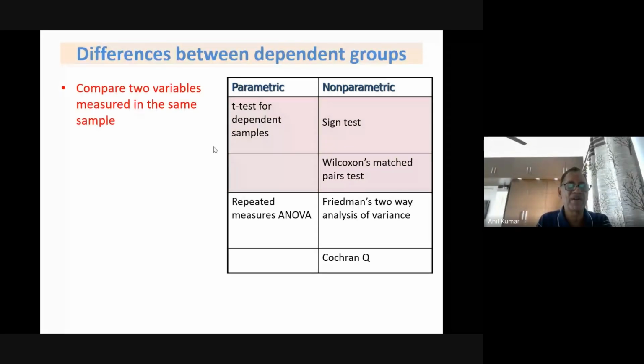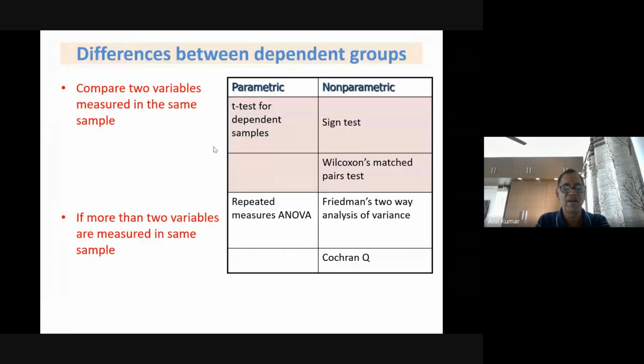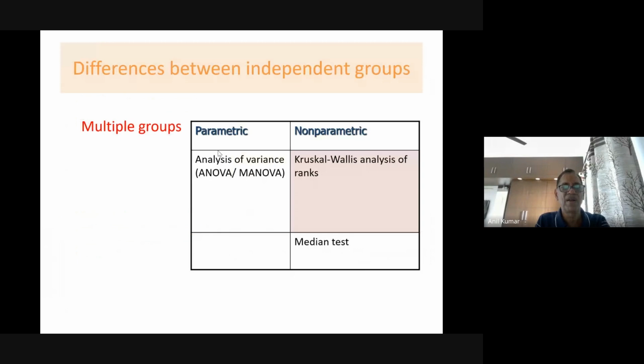But if more than two variables are there, you think of ANOVA. If multiple groups are there, then MANCOVA or ANOVA is used, or the non-parametric KW analysis, the KW test. The median test is also one of the non-parametric tests as against the parametric ANOVA or MANCOVA.